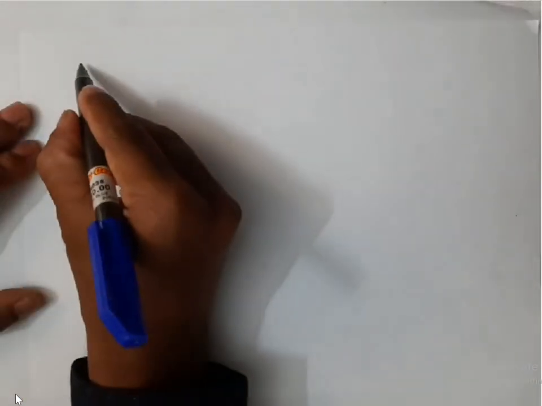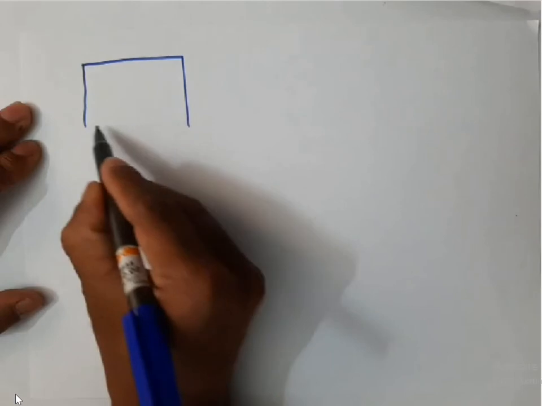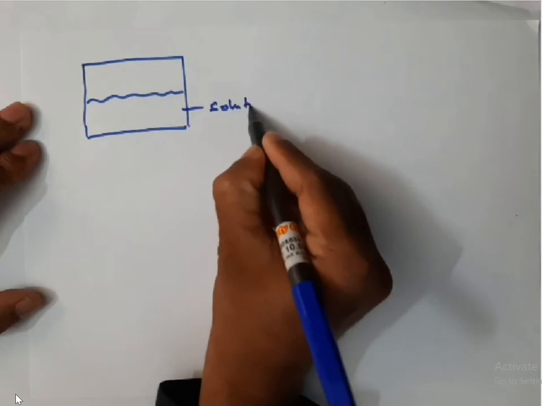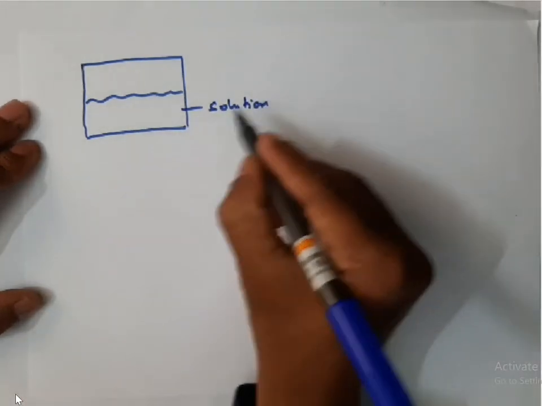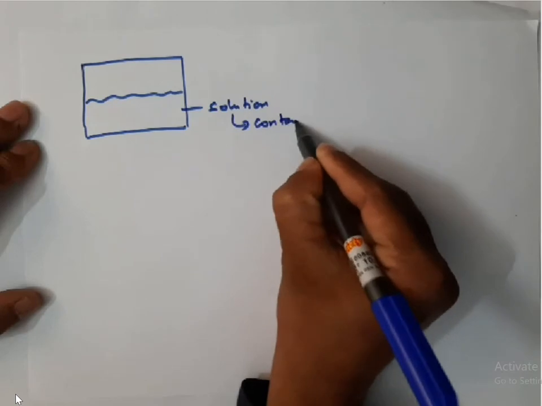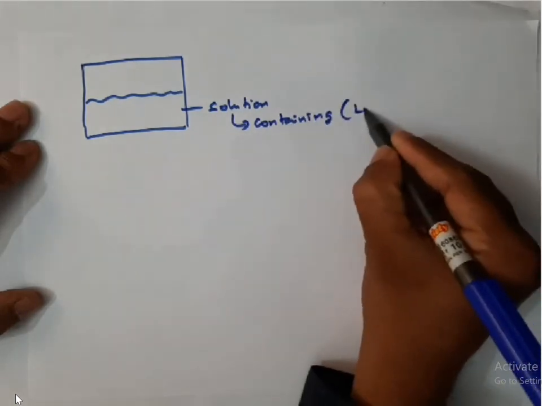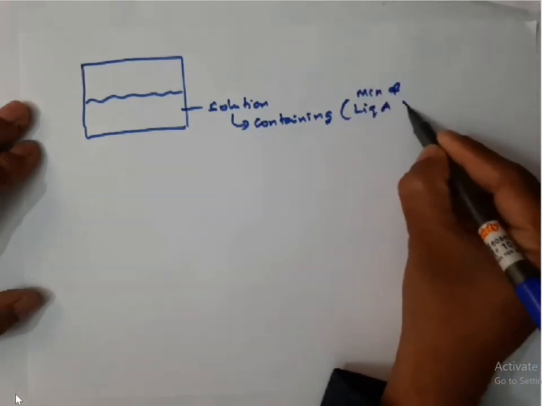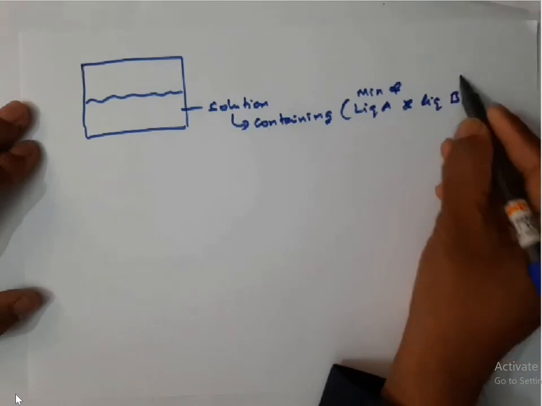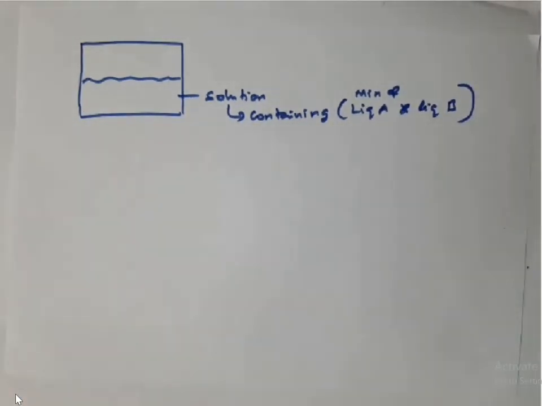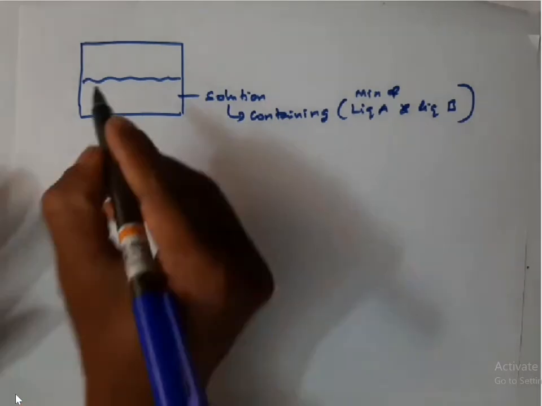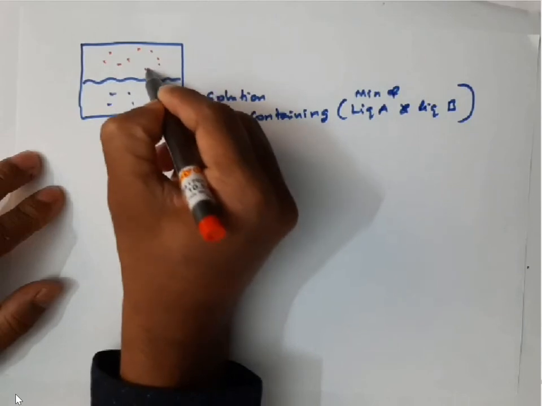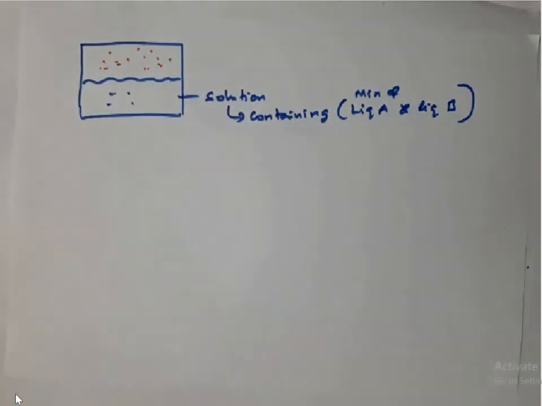Now we have a container, and this container consists of a solution containing a mixture of liquid A and liquid B. We have a solution containing two liquids A and B. And above the liquid surface we have vapors, and the vapor consists of both A molecules and B molecules.